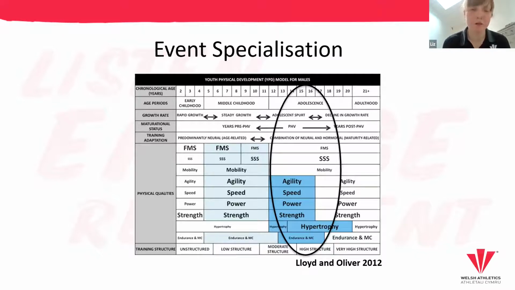And we can use competition to support athlete development, because there's a big window of opportunity between early childhood and adolescence where you can really maximize those qualities of agility, speed, power, strength. So if your athlete is going quite high up the distances and doing longer distances very early on, not only would you limit their ability to move on in those events further down the line, but you're also perhaps limiting their development within those qualities I just touched upon.